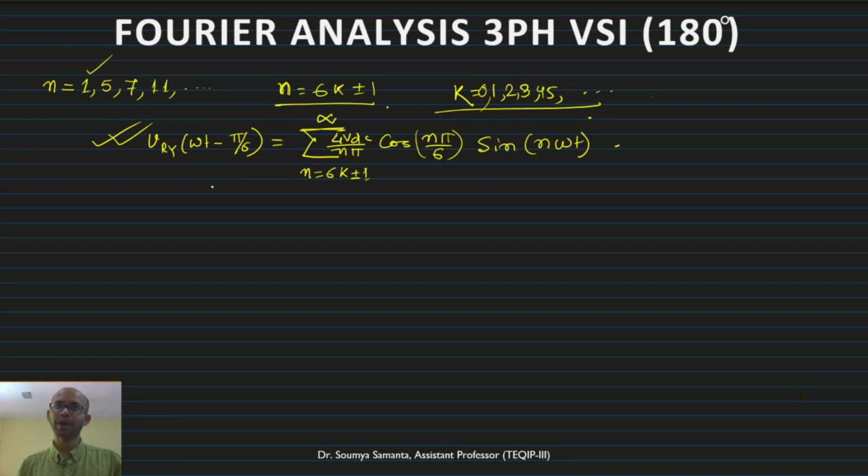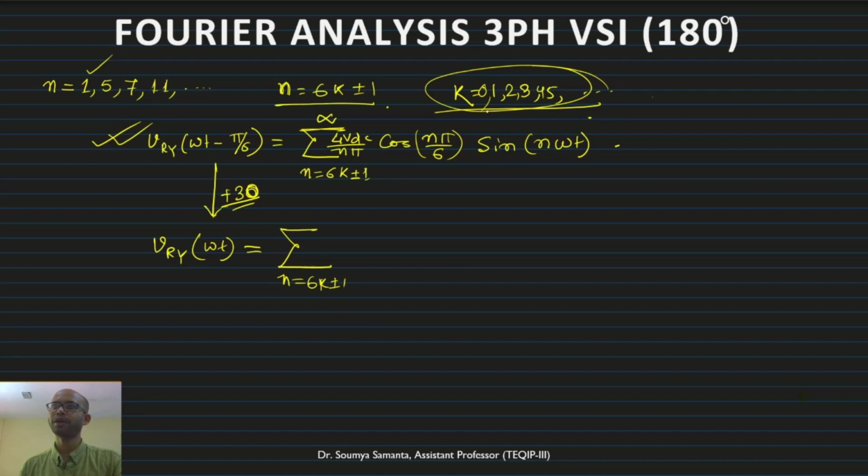Now if I want to get the original waveform, then we have to add 30 degrees. That means shift left, so you have to add this pi by 6. Then this will be VRY original waveform of omega t, with n equals to 6k plus minus 1, with k values as written here, to infinity.